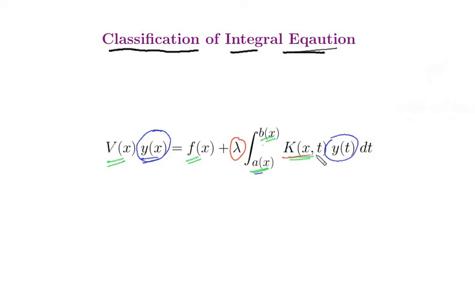This function K(x,t) is a function of two variables x and t, and that is called the kernel of the given integral equation.